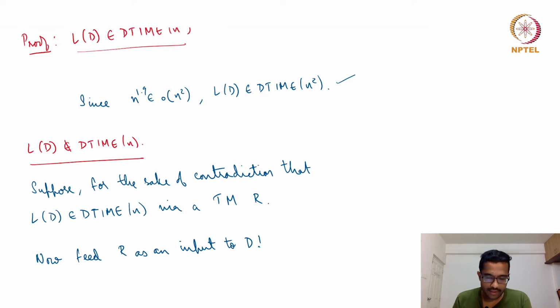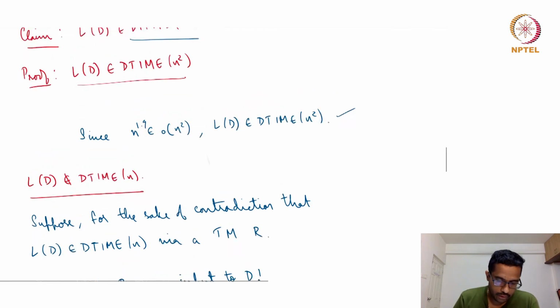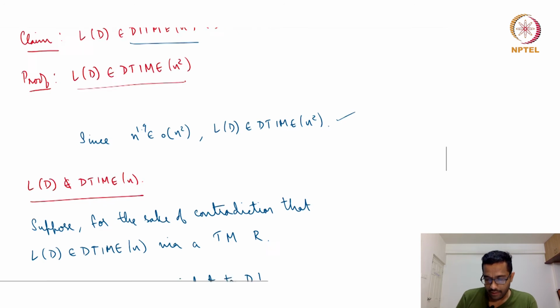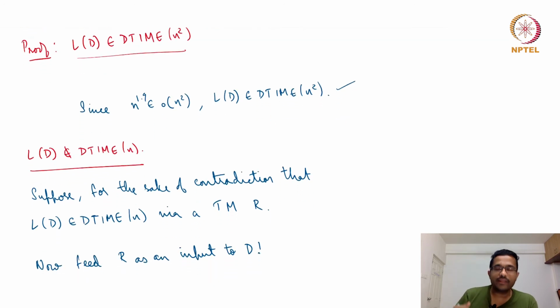Suppose it was decidable in DTIME(n). We know D runs in time n to the power 1.9, and now we are saying that suppose it actually can be decided in order n time. So maybe there is another Turing machine that decides it in order n time.